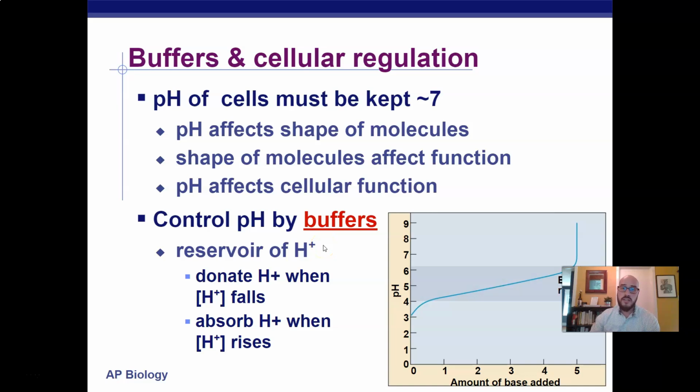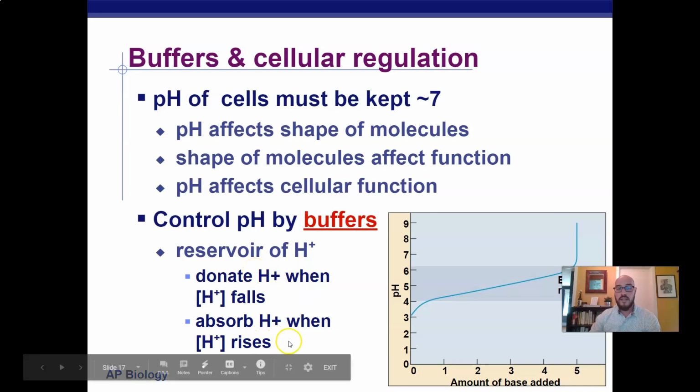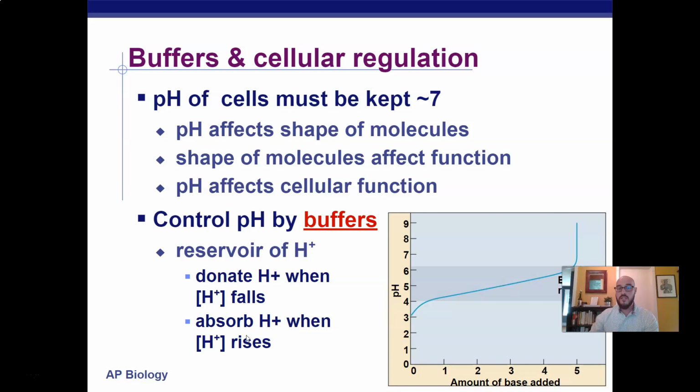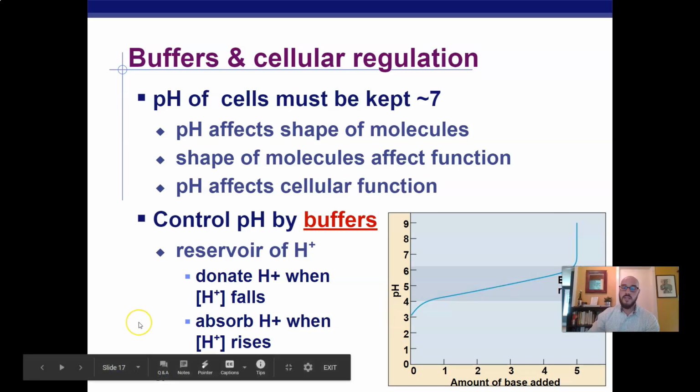So if our hydrogen concentrations start to fall and we end up in a basic situation, then the body's going to add some more hydrogen ions in there to try and balance that. The flip side is if our hydrogen concentration starts to rise too much and we end up acidic, then we need to start absorbing those hydrogen ions.